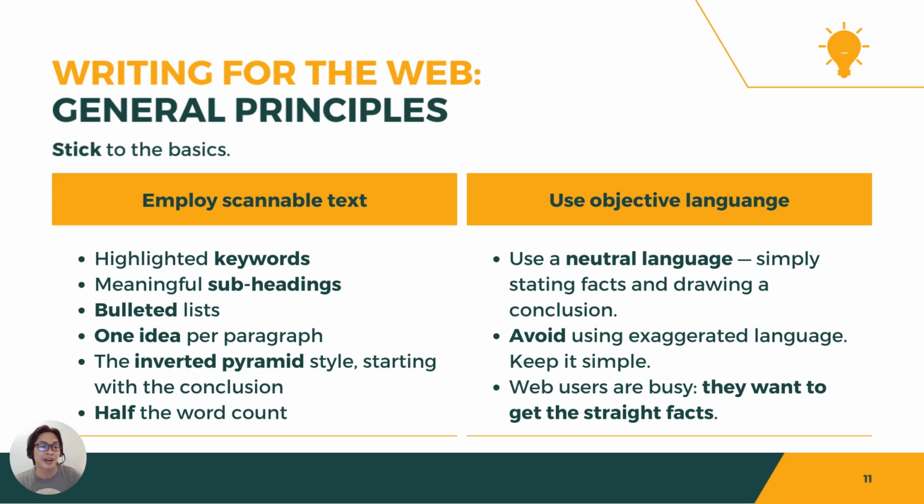Users detested marketese, or the promotional writing style with boastful, subjective claims that currently is prevalent on the web. Web users are busy. They want to get straight facts. Also, credibility suffers when users clearly see that the site exaggerates. Alright?